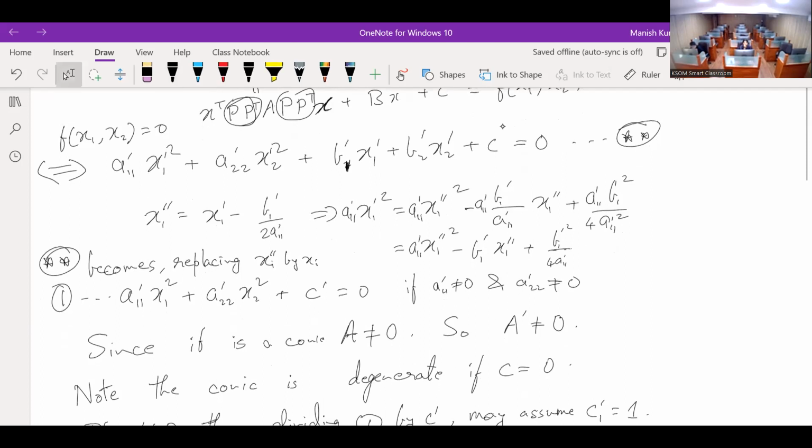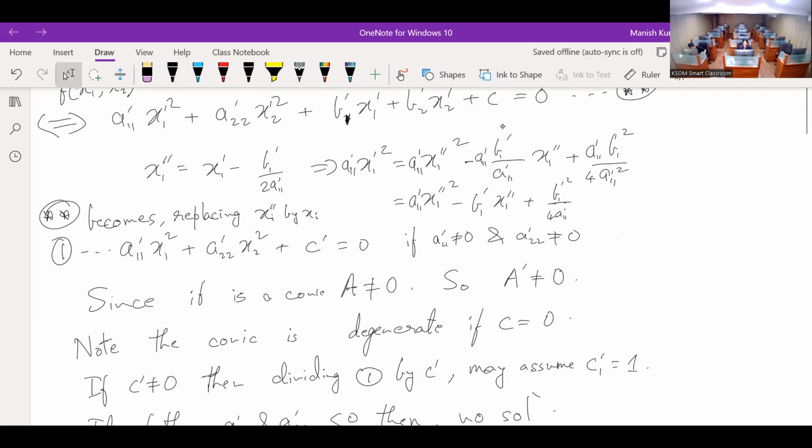This works if a11 prime and a22 prime are non-zero. In this situation the shape of this equation and the shape of the earlier equation are the same. We are talking about the same conic, just rotated and translated. That's all.